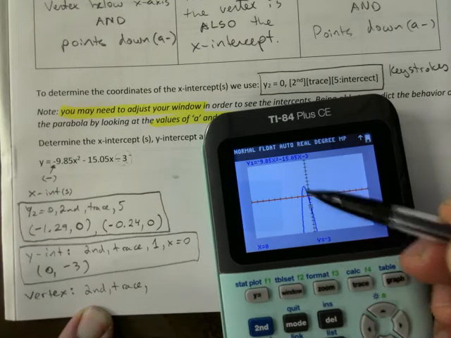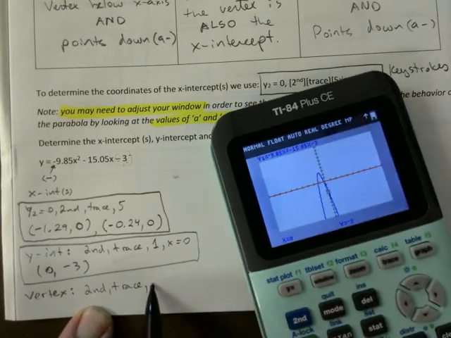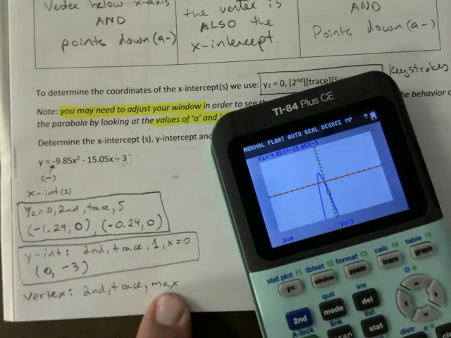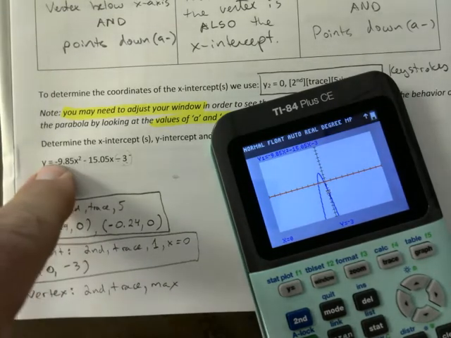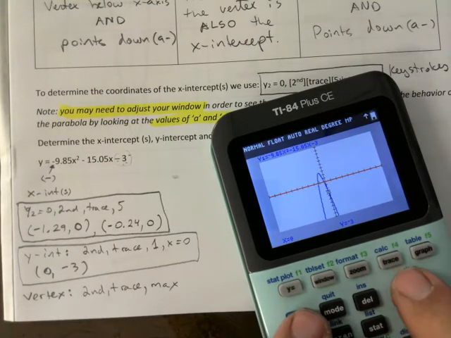Read it from left to right, like highest point. So we're going to go second trace max. Could we have predicted this without graphing it? Yes, because a negative a value tells me it's pointing down, which means it's going to have it at the highest point, right?